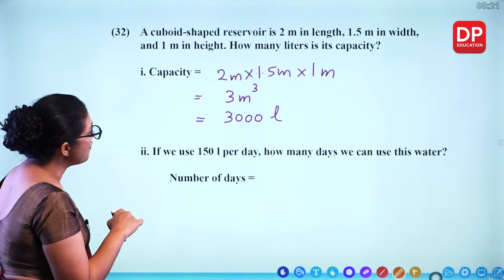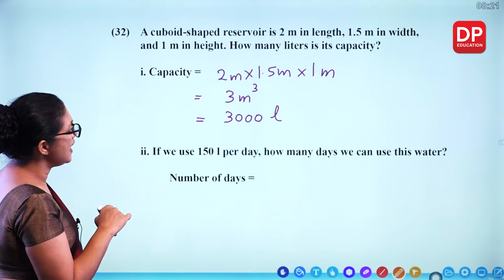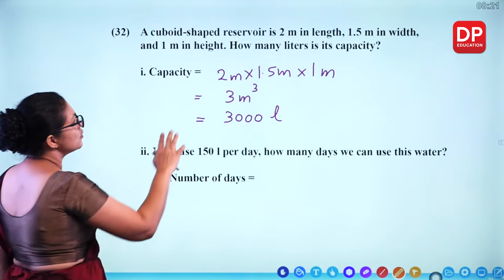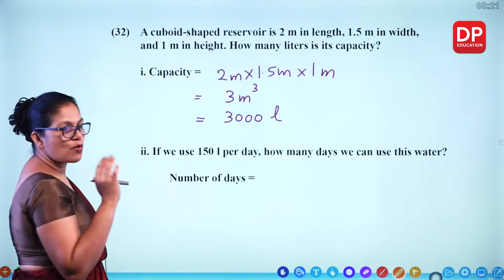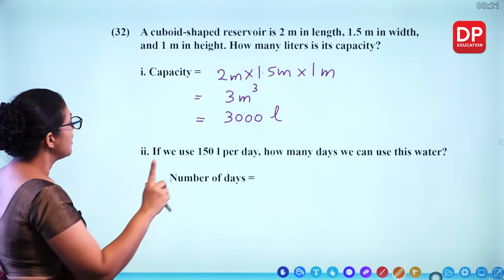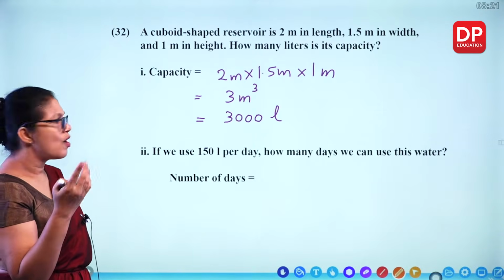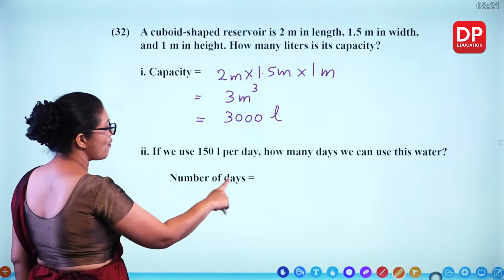If we use 150 liters per day, how many days we can use this water? So the capacity is 3,000 liters. So each day we need 150 liters. So how you find out the number of days?